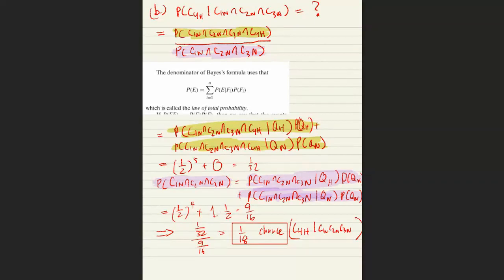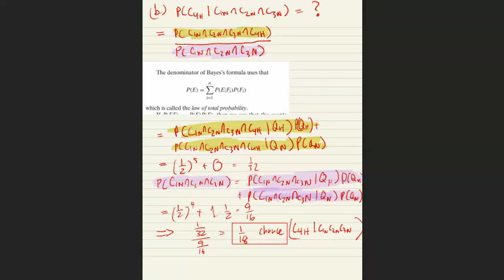And so for the numerator, we have the condition where the queen has hemophilia, which was 1/2 to the 5th power, since each child was a 1/2 chance, and these are just treated as independent events.